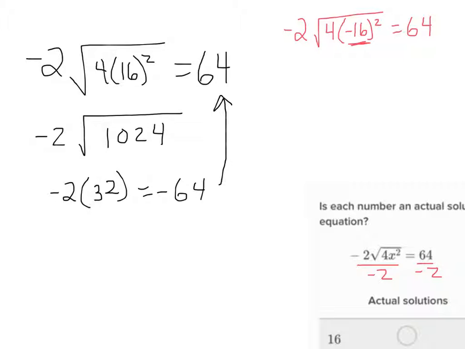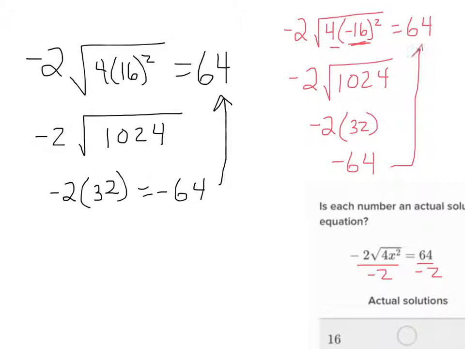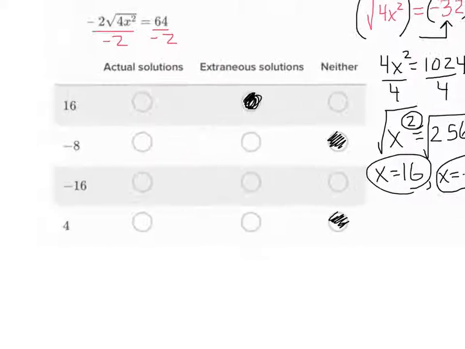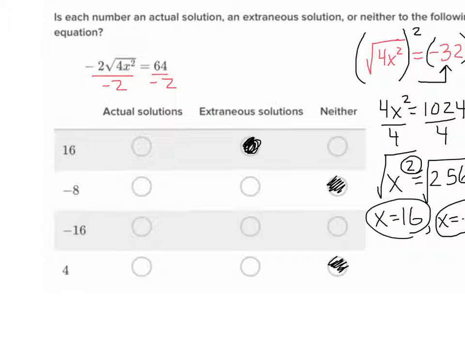And 256 times 4 is 1024. So I've got -2 square roots of 1024, which is -2 times 32, which is negative 64. Does that equal 64? No, so negative 16 is also a what? Extraneous solution. So there were no actual solutions in this case.